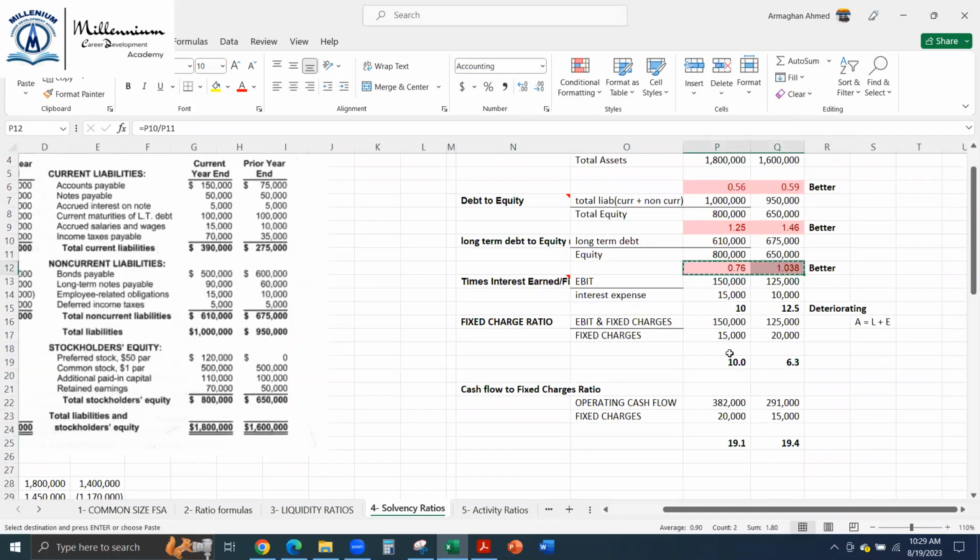Okay, so this is the formula that we have calculated there, right?